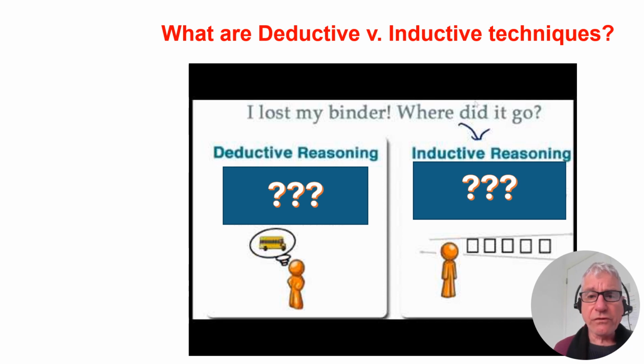All right, so the scenario is that you had the folder when you got up in the morning, you went on the bus, and then when you got to work or to school, you realized that you didn't have that anymore. So you're trying to come up with a conclusion about what happened to that.